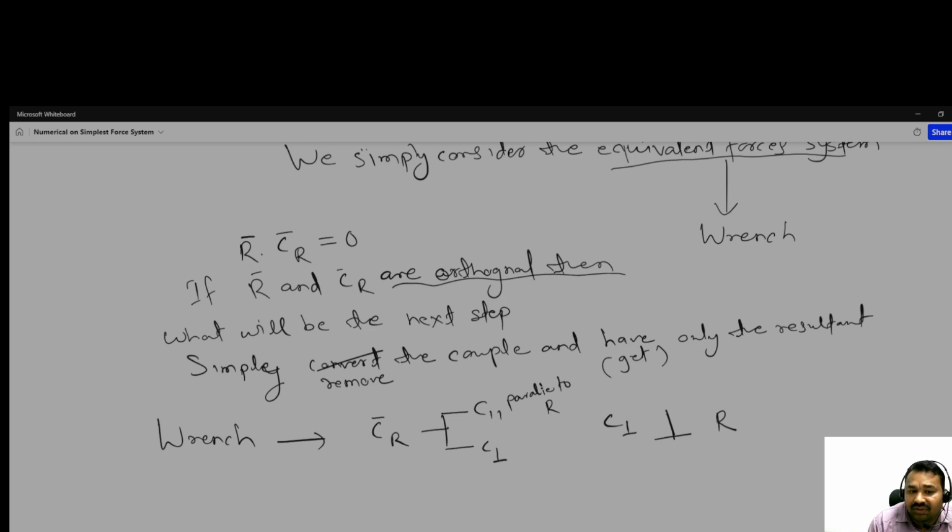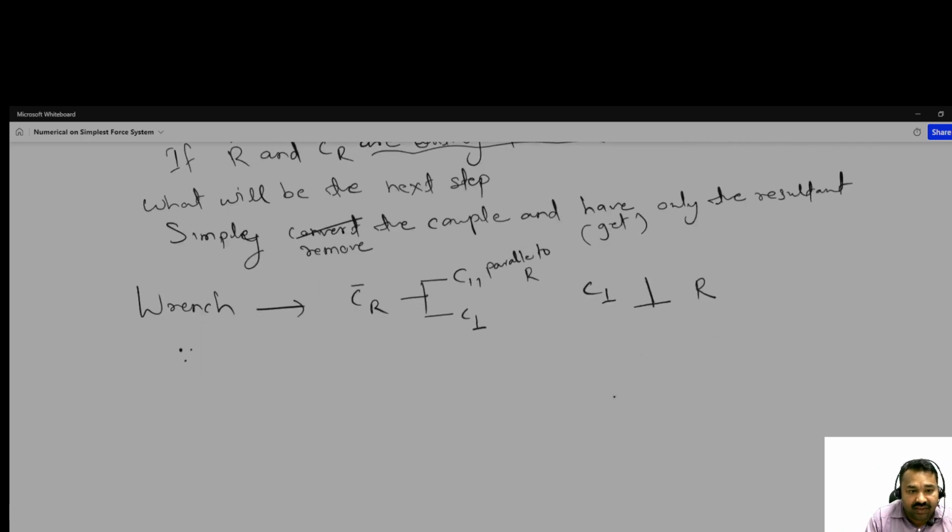If both are not orthogonal, in that case it can be written here: if R multiplied by CR is not equal to 0, then the resultant R and the resultant couple are not orthogonal.